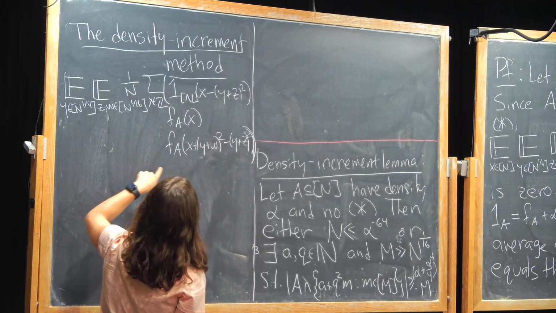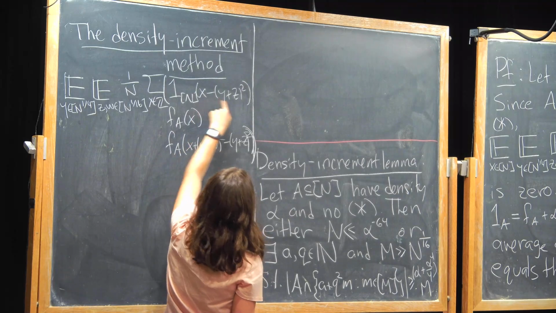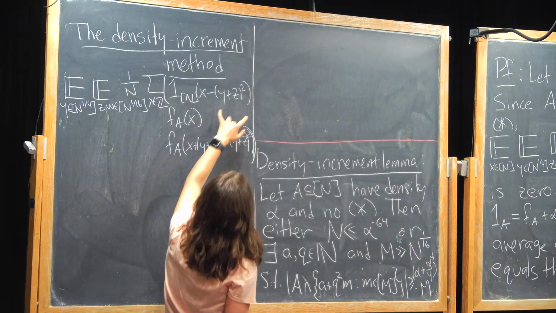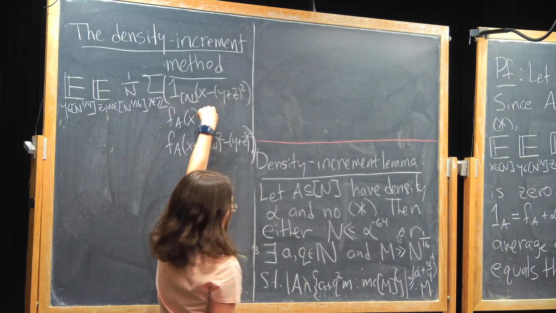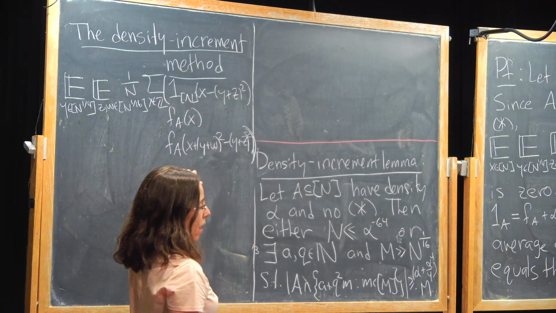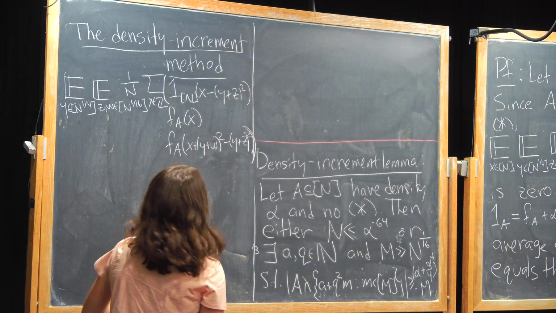So we can replace the indicator function of the first n integers evaluated at x minus the square of y plus z with just the indicator function evaluated at x, at the cost of an error that's at most 1 over square root of n.